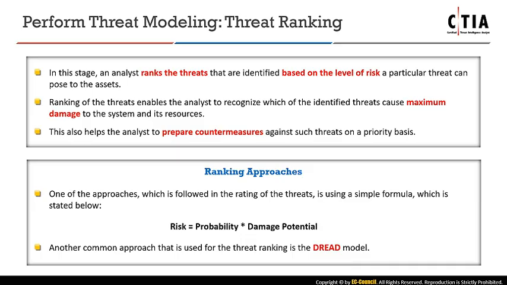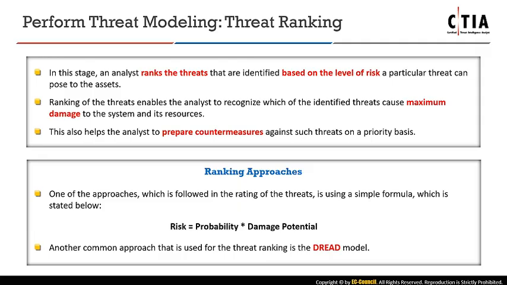So some of them might cause huge amounts of damage, deleting data, exfiltrating data, etc., whereas another threat might just deface a website or throw up some type of message. So this helps the analyst to prepare some type of countermeasure against those threats on that priority.